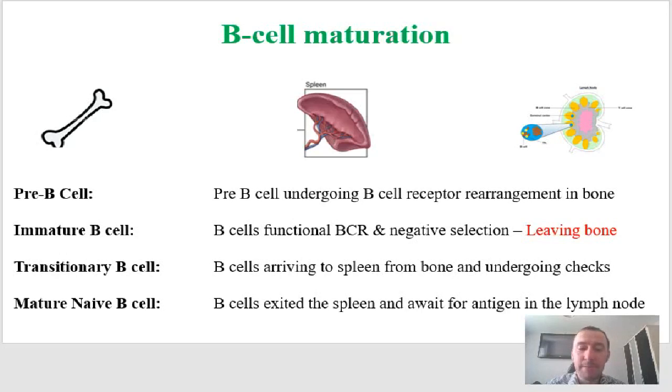Upon arriving at the spleen, it becomes a transitionary B cell where it undergoes a series of checks to make sure it doesn't respond against self-antigen again, and it also undergoes a check to make sure that it can respond against the antigen that it's targeted against. Once that process is over, it then leaves the spleen, goes to the lymph node, and in the lymph node awaits stimulation by the antigen of the pathogen.